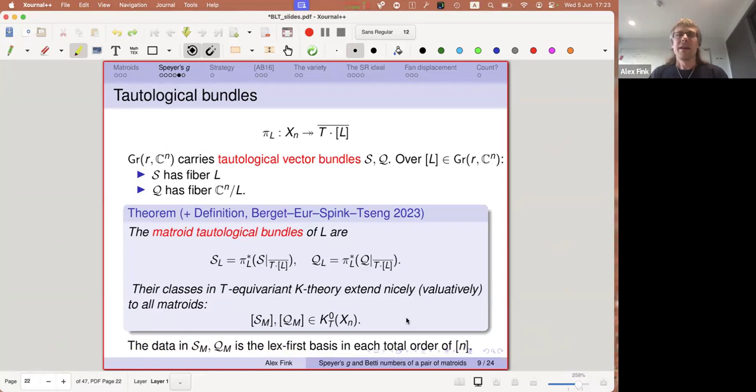So we don't have vector bundles, or at least we don't have vector bundles with the positivity properties that we'd like. You can cook up some kind of vector bundle with these classes, but we work with the classes. Sorry, representable matroids have vector bundles on the permutahedral variety. Any matroid has a K class of such a thing.